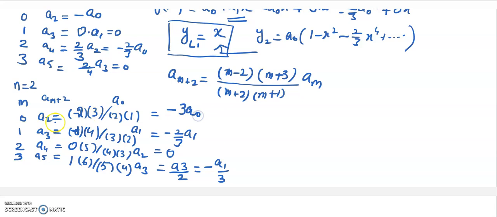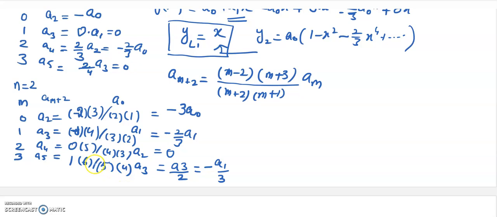3a naught. And this will be 2 by 3 a1, and this will be 0, and this is 6 over 5 into 4.